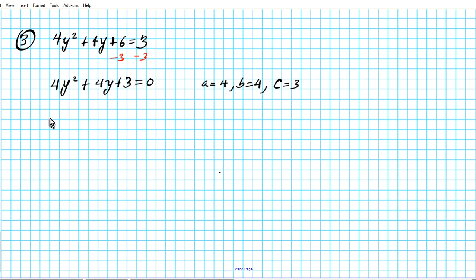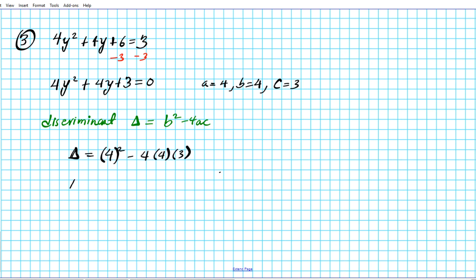Now, let's refresh our memory with the discriminant formula. The discriminant formula, delta, is given by b squared minus 4ac. Okay? So let's go ahead and substitute and simplify. Delta is going to be 4 squared minus 4ac.